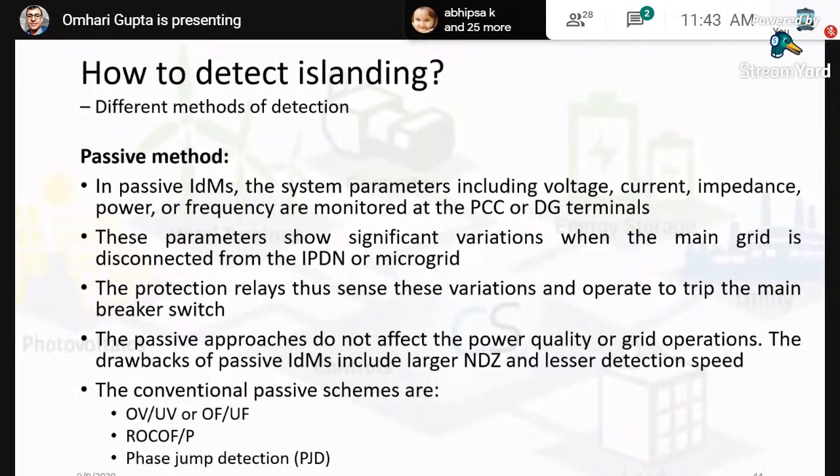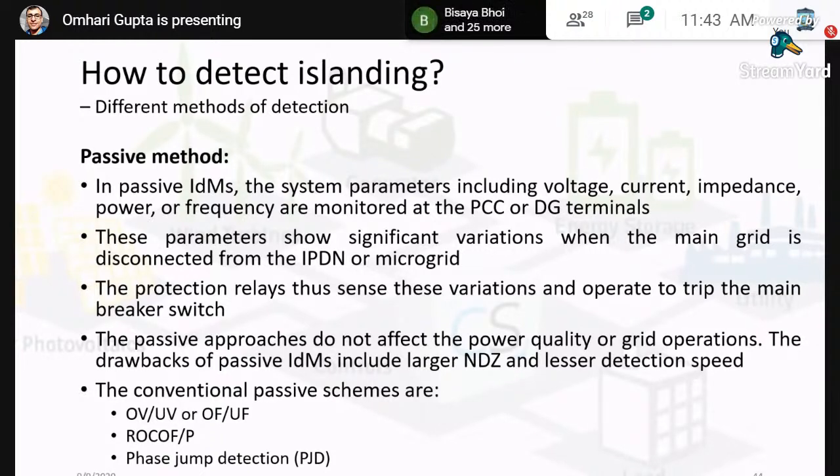If that mismatch is not sufficient, there will not be significant variations in these parameters. Okay. The protection relays thus sense these variations and operate to trip the main breaker switch. As per the recommendation of IEEE 1547, you should detect the islanding and disconnect yourself within 2 seconds. Okay. The passive approaches do not affect the power quality.